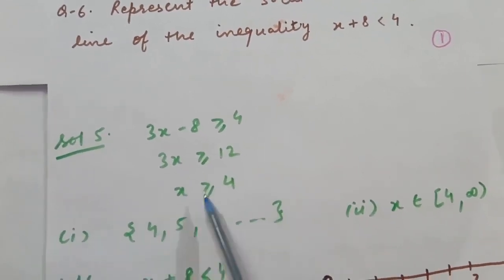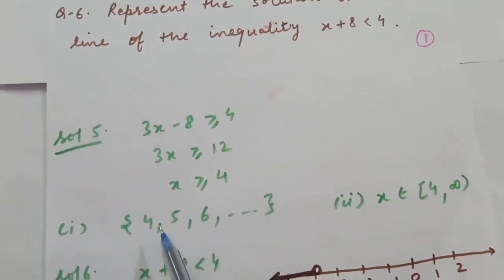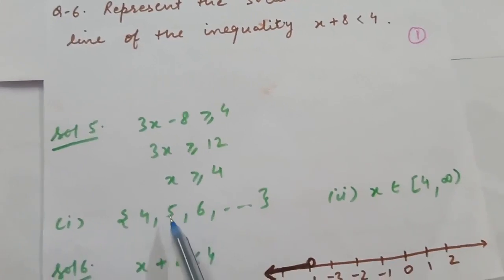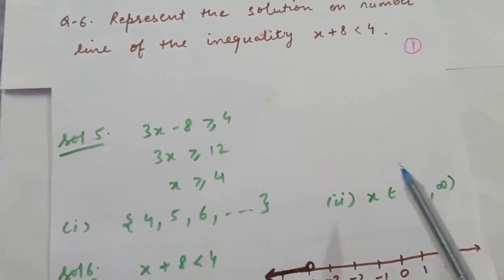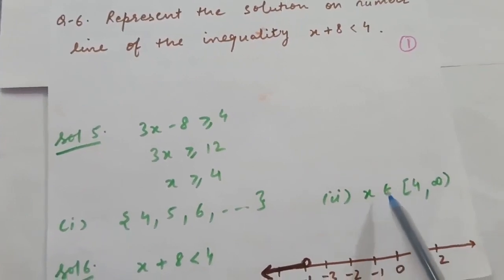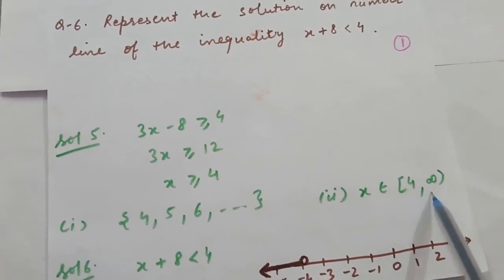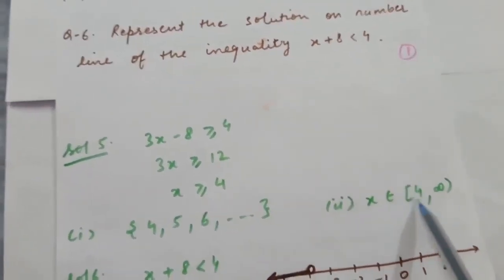So you will get x greater than or equal to 4. So when x is an integer, that is for the first case, x is either 4 or greater than 4. So it will be 4, 5, 6 and so on. And when x is a real number, then you will define the interval that x belongs to 4 to infinity. Also equality is there, so a closed bracket will come.